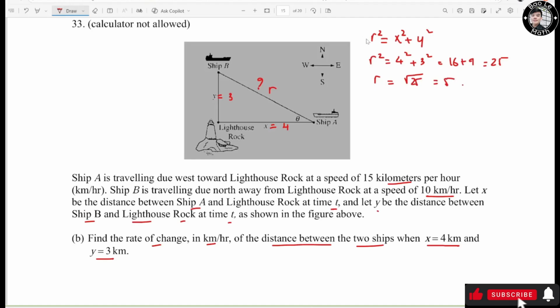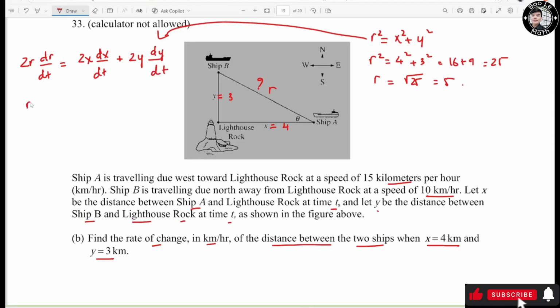Now, I'm going to use this equation right here. I'm going to take the derivative of both sides with respect to t, right? So I have 2r dr over dt equals 2s ds over dt plus 2y dy over dt, right? Divide both sides by 2.